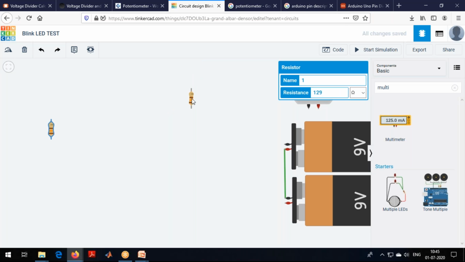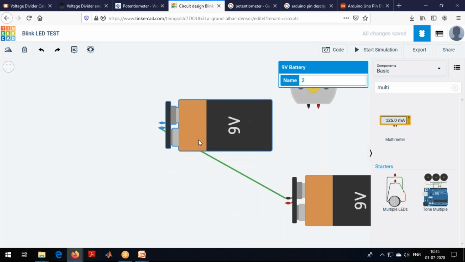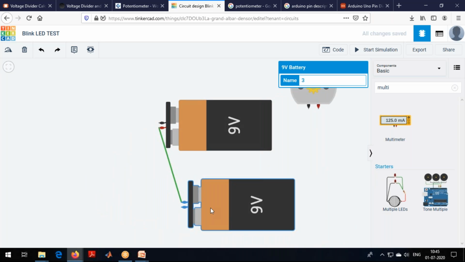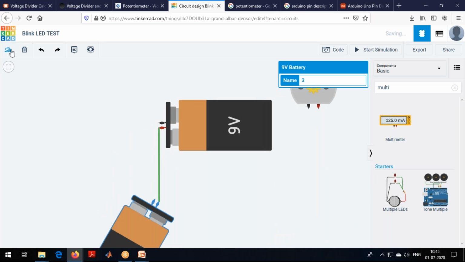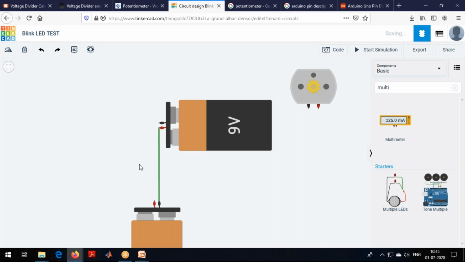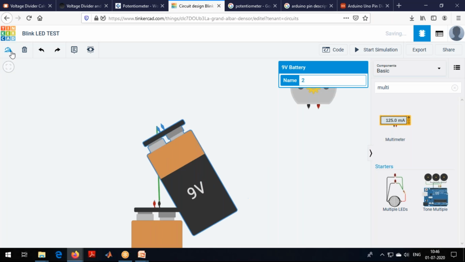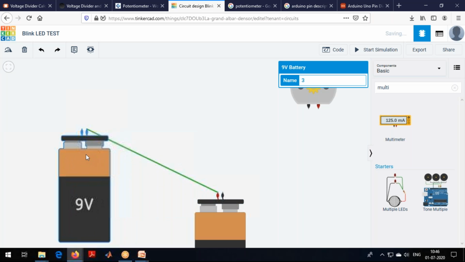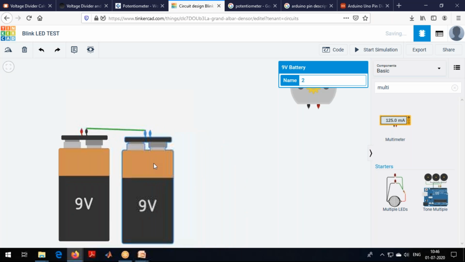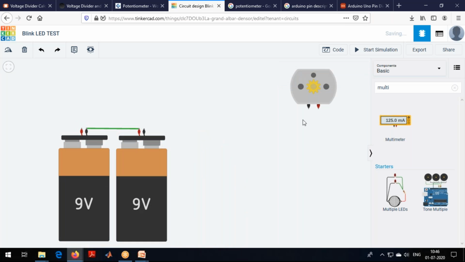Let me take the two batteries, I'm just considering these two.